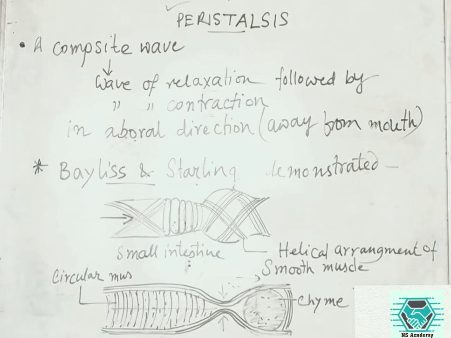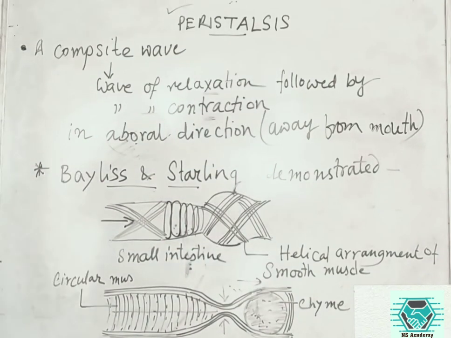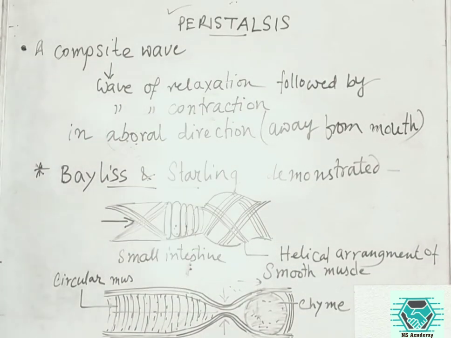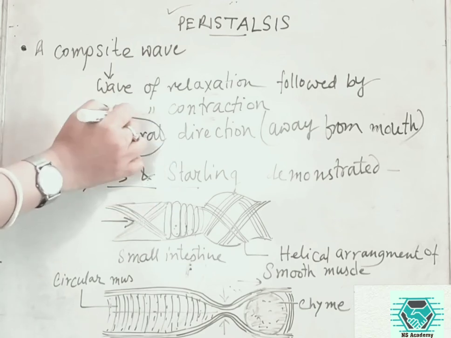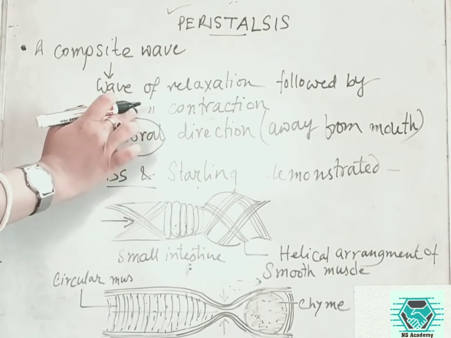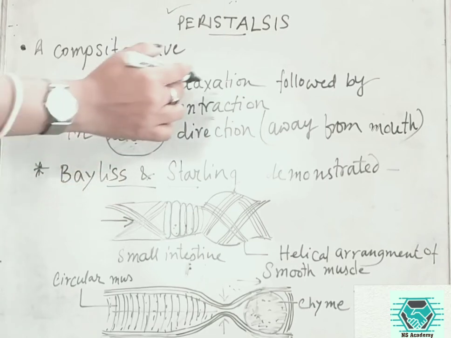Bayliss and Starling, the two scientists, have demonstrated that a stimulus applied to a given point on the intestinal wall causes contraction above and relaxation below the stimulated point.